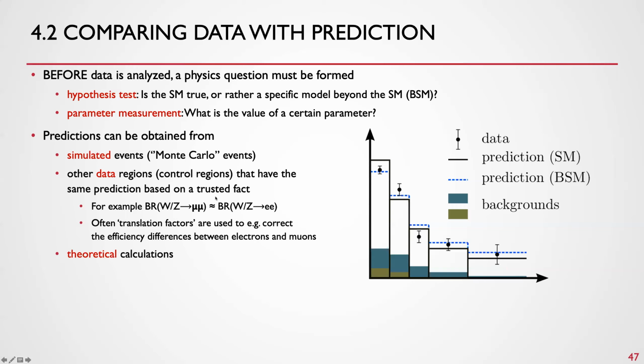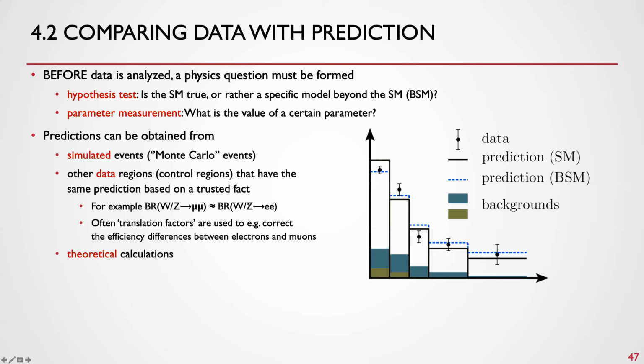Of course, whenever you use such translation factors, you're making assumptions. The assumption being that the process you're looking at in the muon and the electron channel are indeed from the same origin, and that the branching ratios are the same.